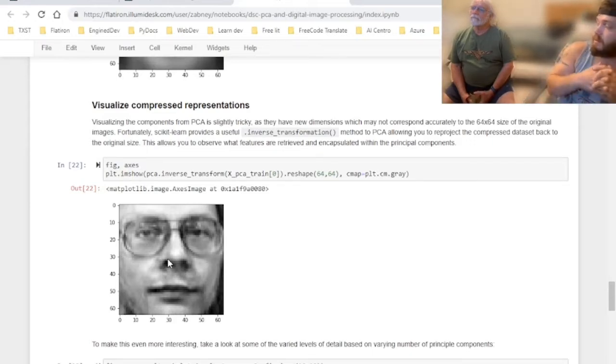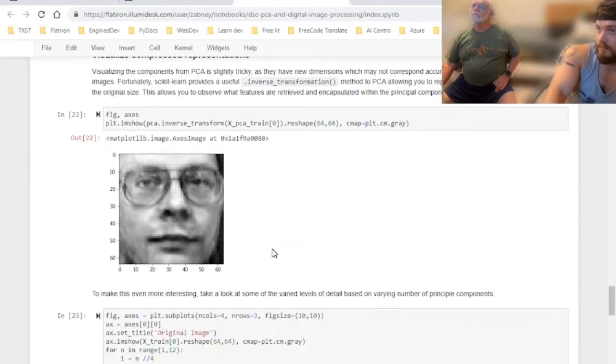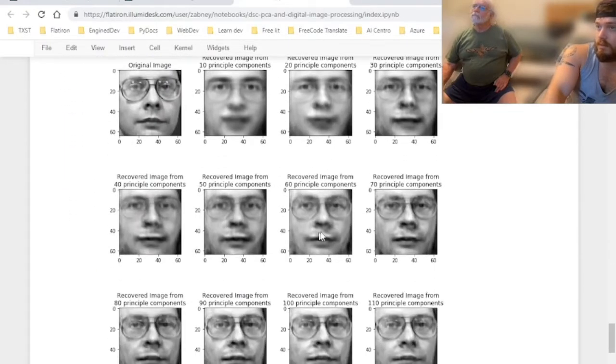But for the sake of machine learning, if you're trying to evaluate a data set, this shows that PCA is pretty good at reducing your computational costs but also retaining a lot of the information, because we were able to reproject this image from the compressed data. So that's basically what's going on with PCA.